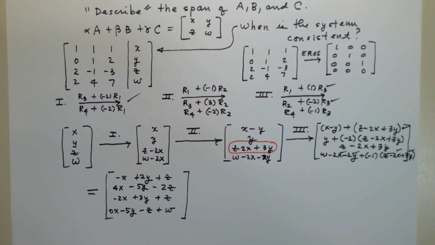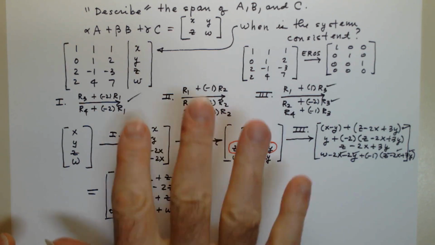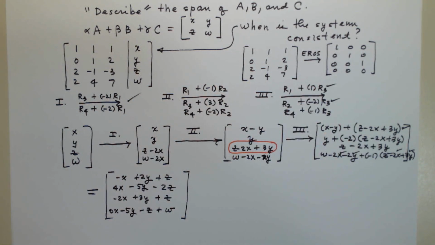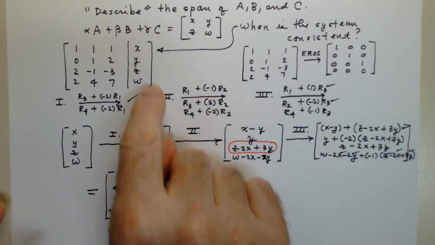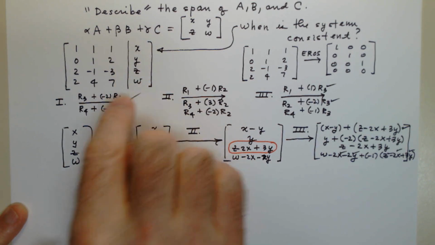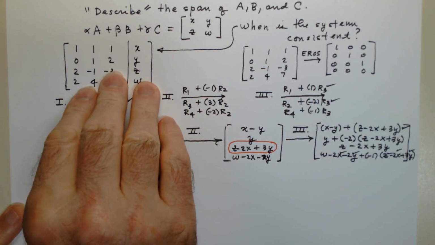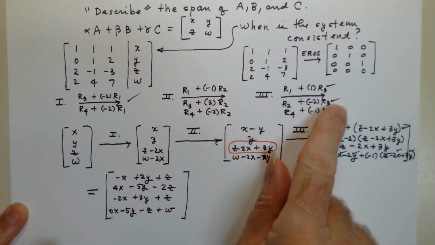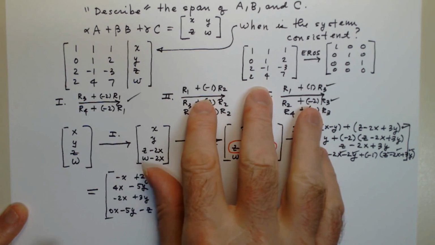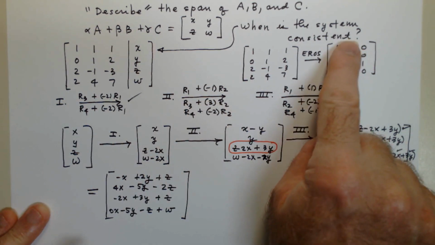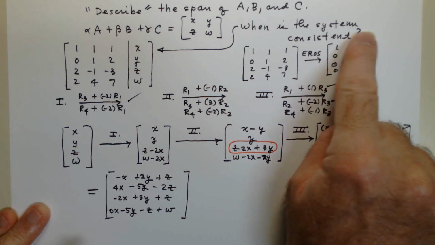Okay, so let's make sure we understand what's going on here, just because we may have lost the big picture by going into this kind of fine-grained analysis. Here's what I'm suggesting. Had we started with this augmented system and followed these exact same steps, we would have ended up with this matrix here.